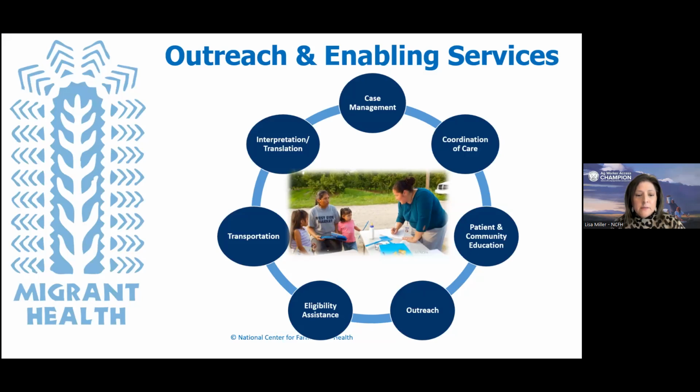So these are the services that health centers can provide to help ensure ag worker families have access to these primary healthcare services and also facilitate access to comprehensive health and social services. So they include case management, coordination of care, patient and community education, outreach, eligibility assistance, transportation, and interpretation and translation services.